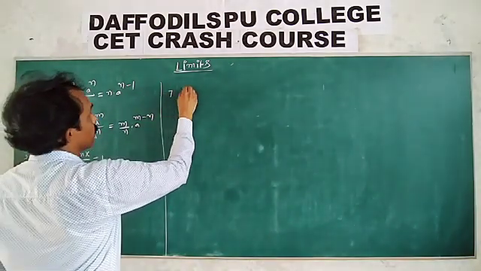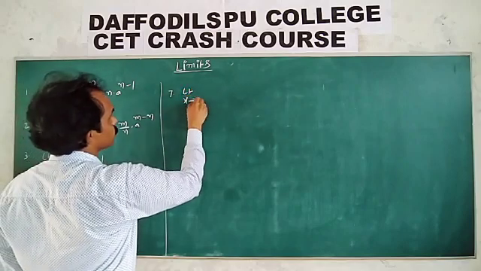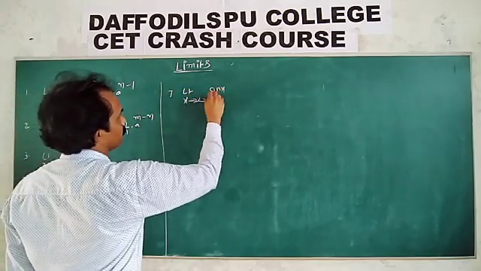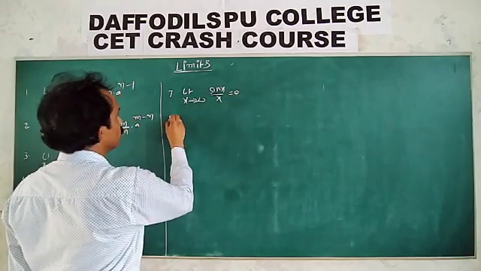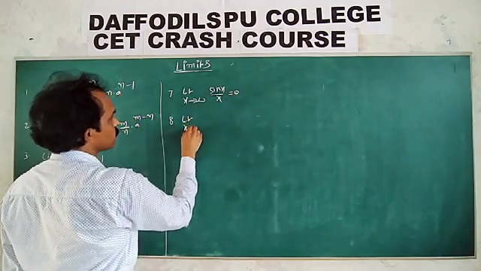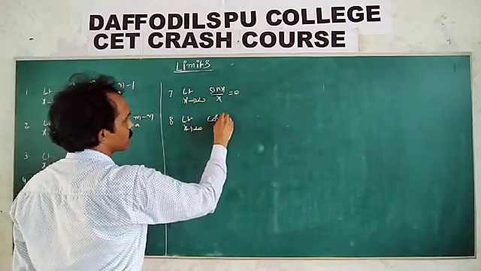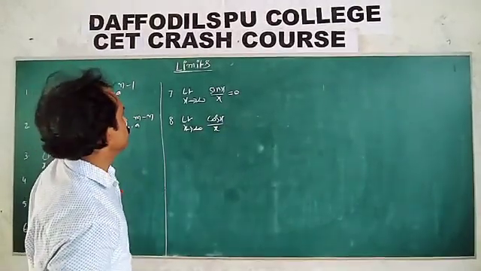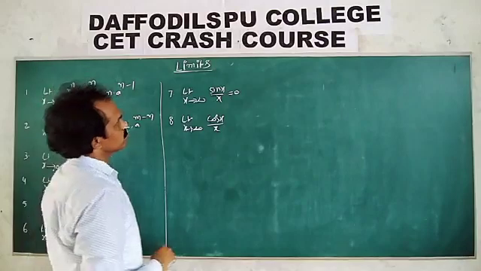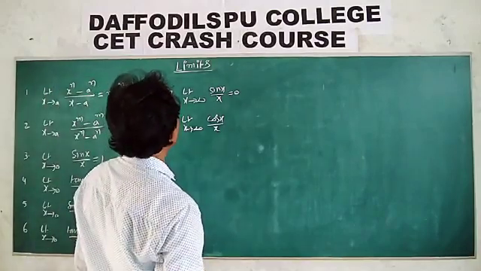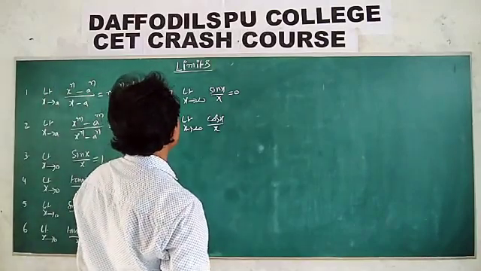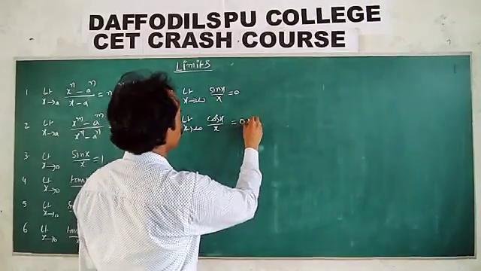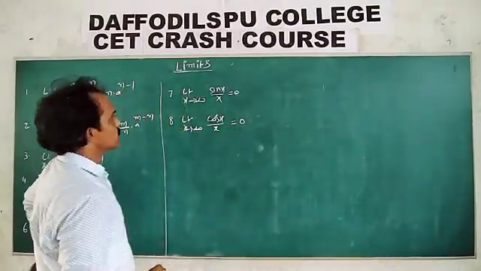Next, limit x tends to infinity sin x by x is equal to 0, and limit x tends to infinity cos x by x also, sorry, limit x tends to infinity sin x by x is equal to 0.